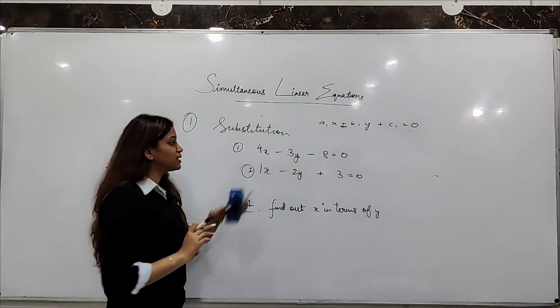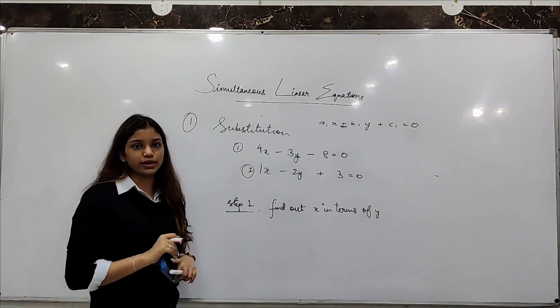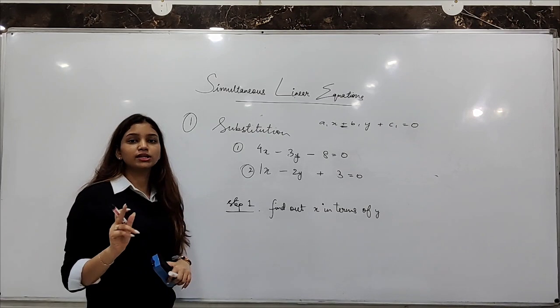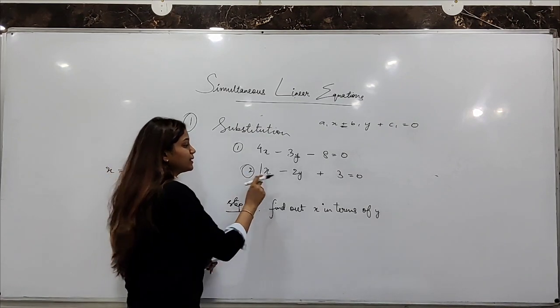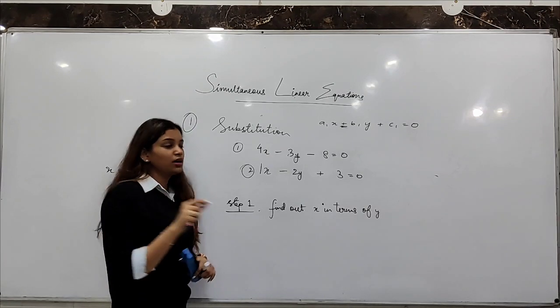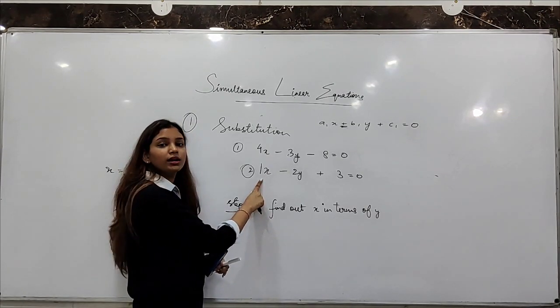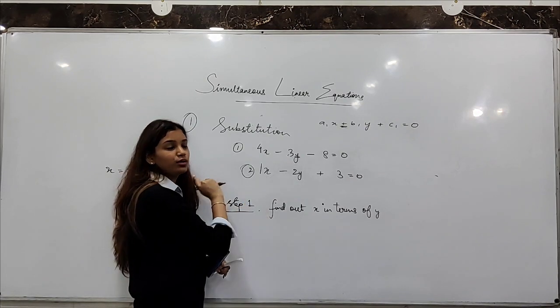Correct. So let us see which equation will be used to find out the value of x in terms of y. The trick here is you find out that variable whose coefficient is 1. तो हमारा यहाँ सेकेंड इक्वेशन में x है जिसका कोएफिशिएंट 1 है, तो मैं यहाँ पे x की वैल्यू निकालने वाली हूँ.